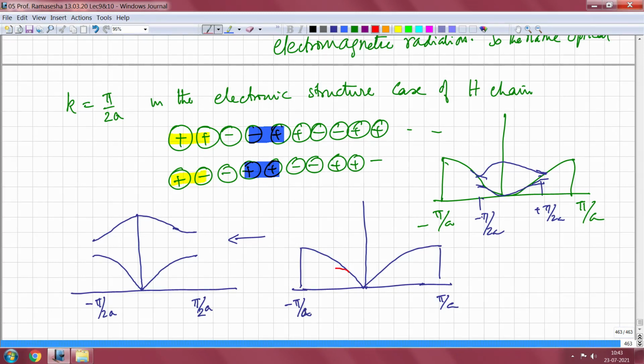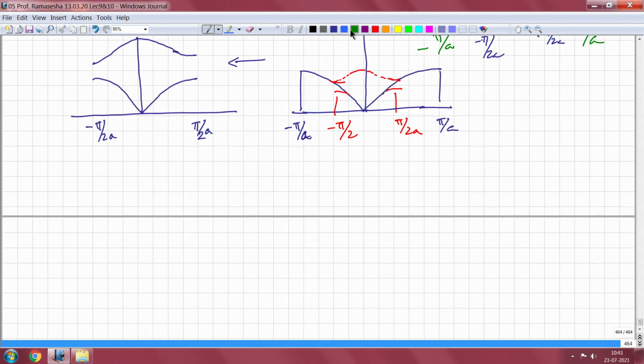The gap opened up here and here and here and here. So this was pi by 2a, minus pi by 2a, and then you folded the Brillouin zone, because you can always just fold it back like that, in which case what you will get is this one. That is how you get the two branches, the acoustic and the optic, very similar to the Peierls instability that we had in the case of the electronic structure calculations.